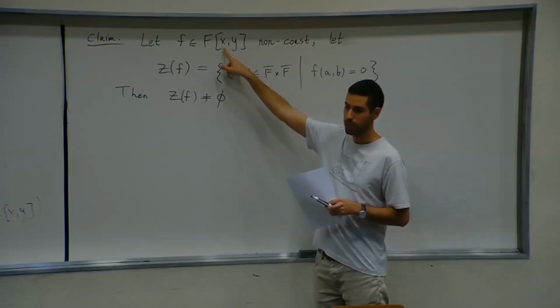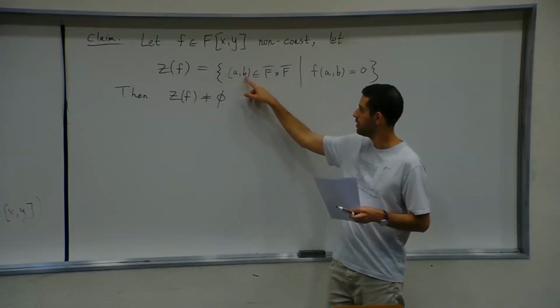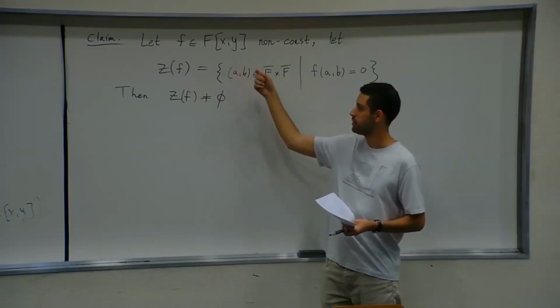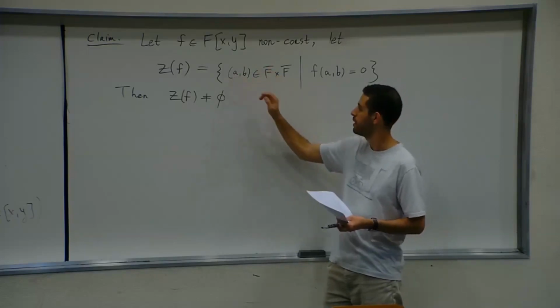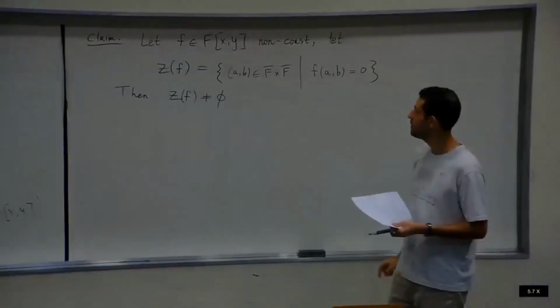If it's a univariate polynomial, we can take any value for b, and a which is a root of f. Since F bar is algebraically closed, we can always find the root, as f is not constant. And of course, an algebraically closed field is infinite. So we have infinitely many options for b and only finitely many roots for a, but anyway, we get an infinite set.